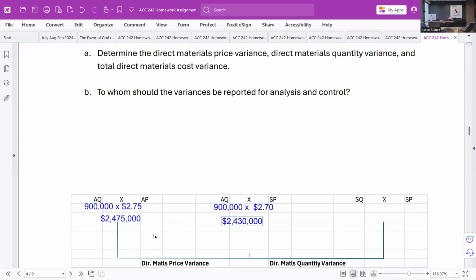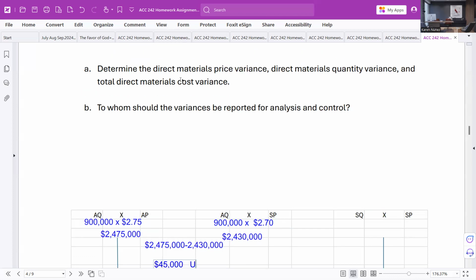And if we want to calculate this price variance, well, we're just going to take the difference between these two numbers. The 2,475,000 minus the 2,430,000 is going to give us a price variance. Again, it's an unfavorable variance. It's going to be a positive number, the 45,000. Unfavorable.